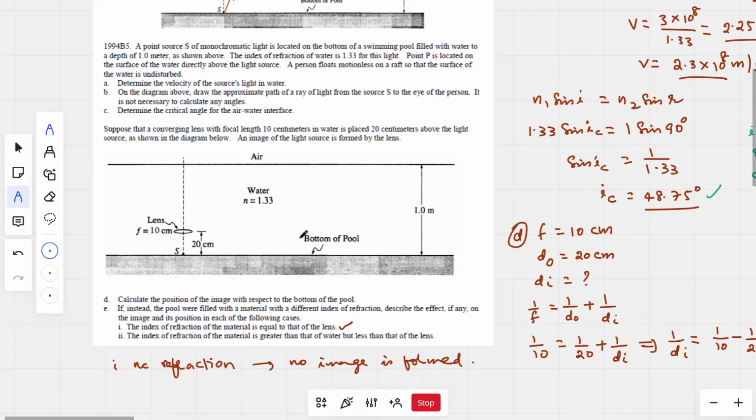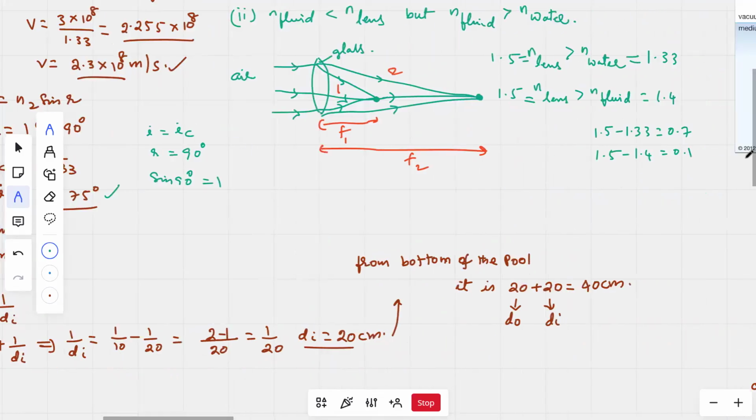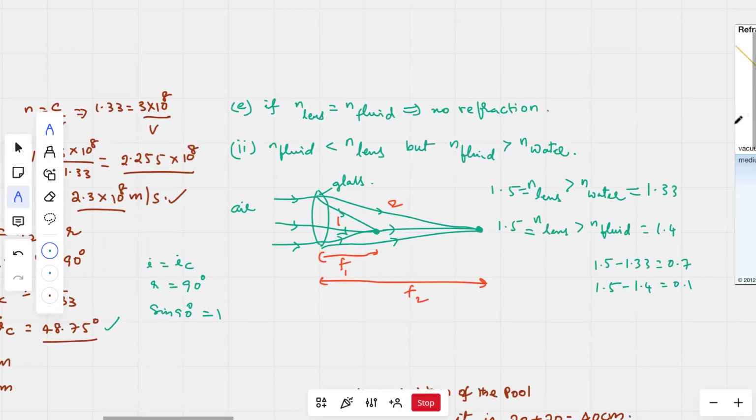In the next case, he filled the pool with a material whose refractive index is greater than water but less than the refractive index of the material of the lens. Now, what happens here? N fluid is less than N lens but greater than water. So we have to calculate the relative refractive index.